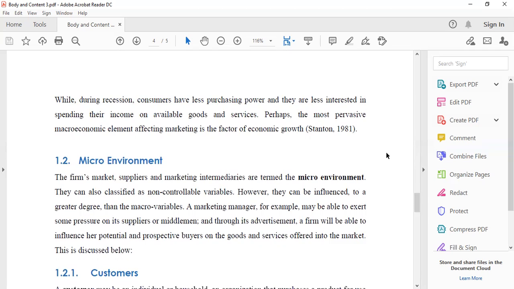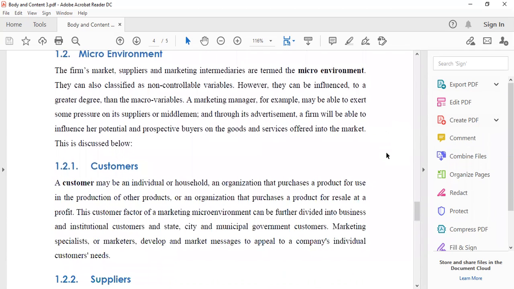Now, some of the elements in the micro environment include the customer. When we talk about the customer, we could have the business or institutional customers. That's when we're looking at intermediaries who buy for organizations. These people can be influenced.